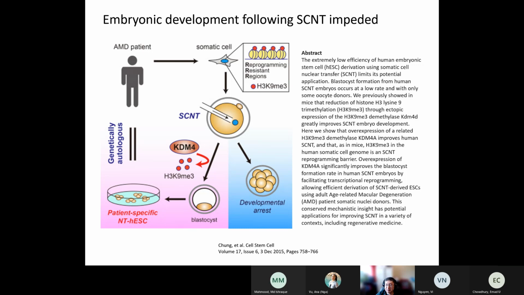Because I think the egg not only contributes the mitochondrial DNA, but maybe also something like transcription factors. That's true, you have a very good point.